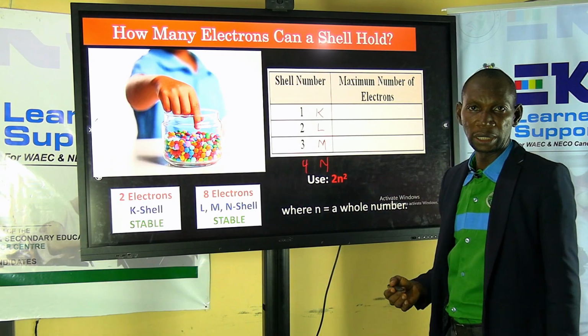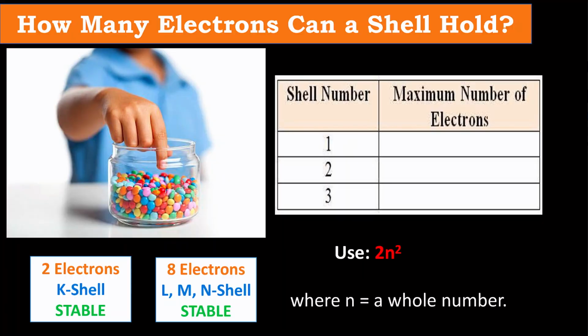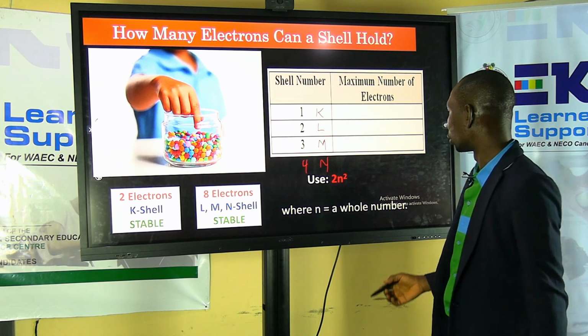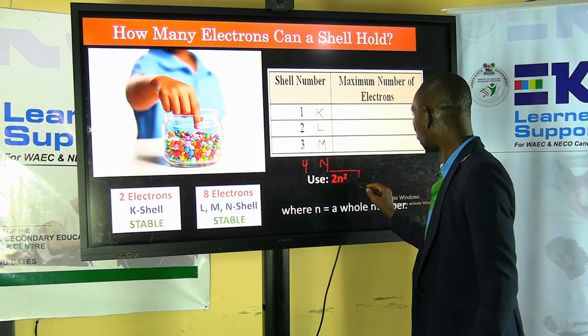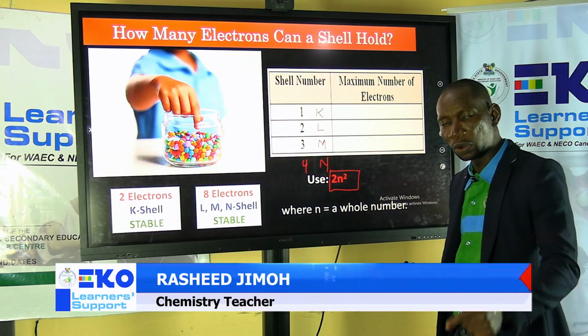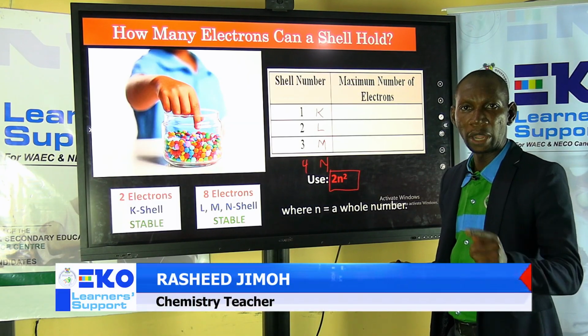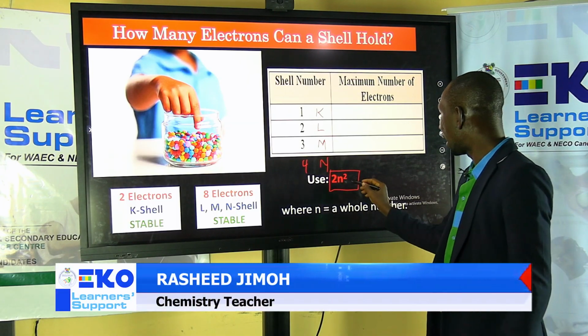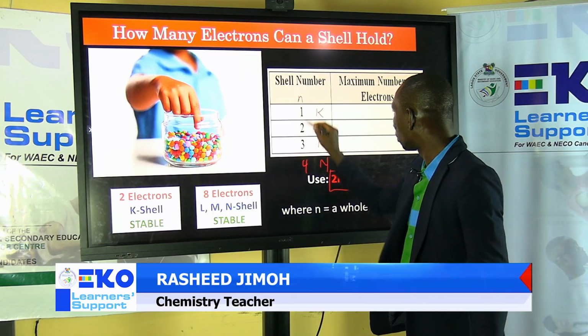So just alphabetically. Now, can we then calculate the maximum number of electrons that each shell can hold? To be able to do that, we use this formula, which is 2n squared. I want you to write this down in your notes. 2n squared, where n is the number that you have here.